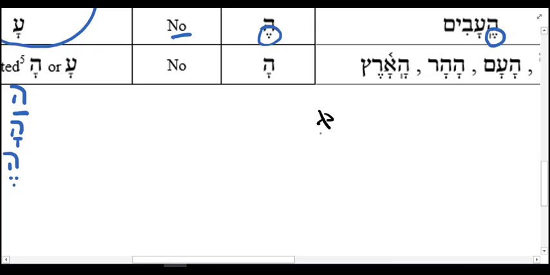The accent is here. If I were going to add the article to this, could I put a hey, pathak, and a doubling dot in the aleph? No, because that's a guttural, right? Gutturals don't take a dagesh from anyone, so that guttural will be rejected. And aleph is one of those guttural consonants that cause the preceding short vowel to lengthen to compensate for the loss of dagesh forte.